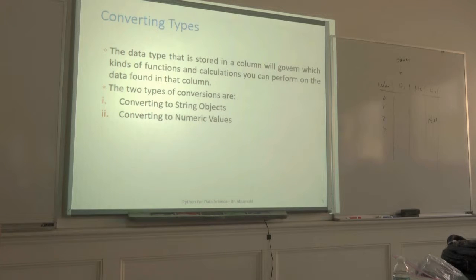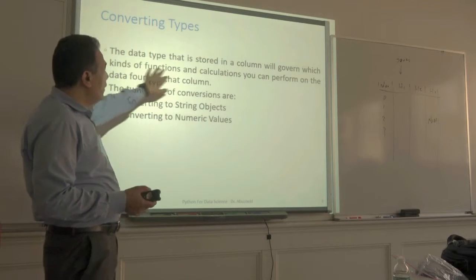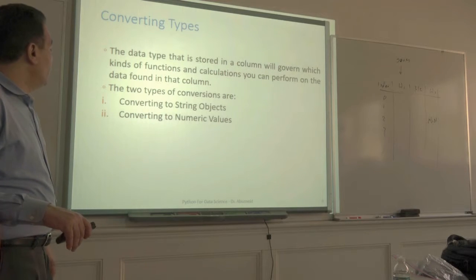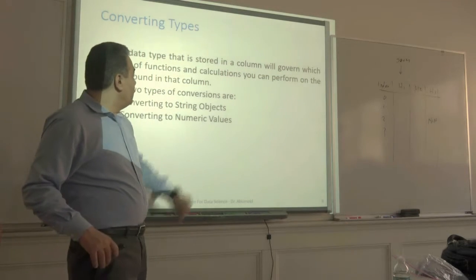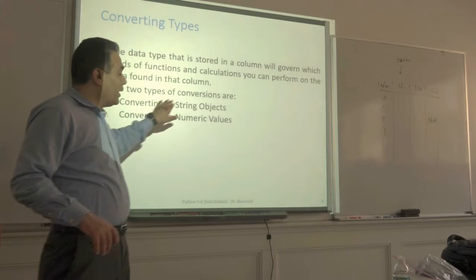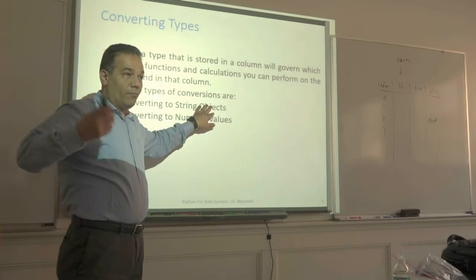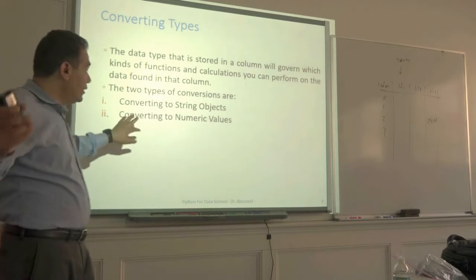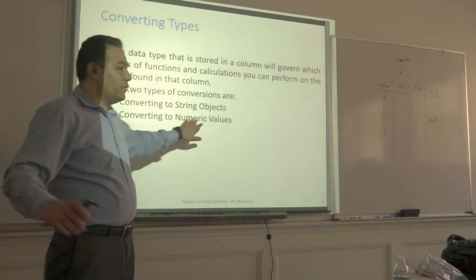The data type stored in a column will govern which kind of functions you can use and what kind of calculations you're going to do. The two types of conversions are converting to string objects, where you have a numeric value and convert it to a string for some reason, or converting to numeric values.